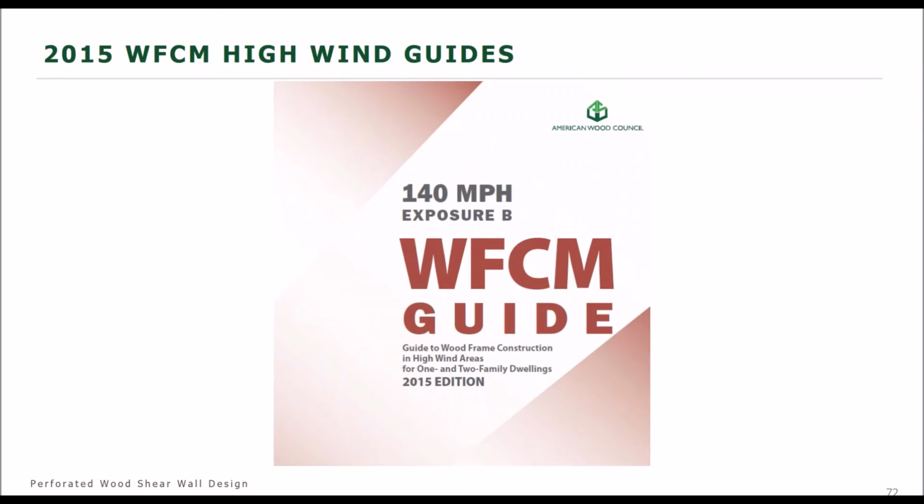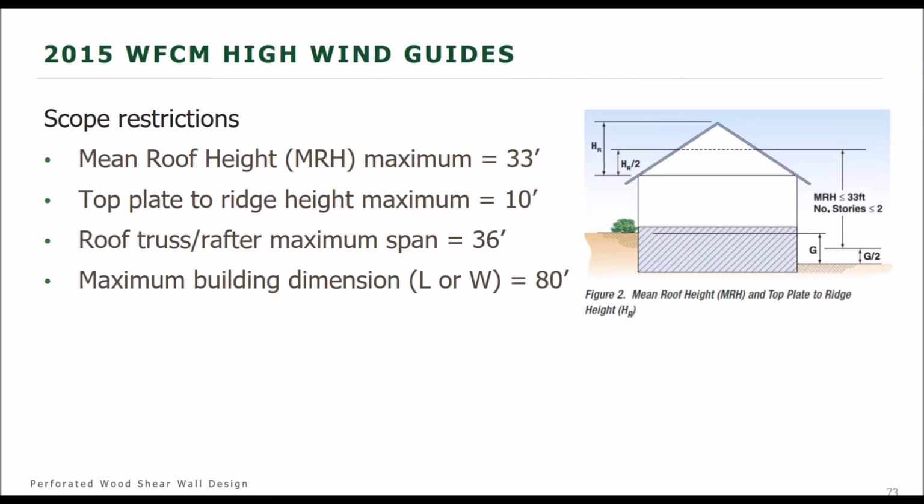In most cases, they're available for exposures B and C. And these all actually use the perforated shear wall design approach for the shear wall design, but they also have lots of provisions for designing other elements in the building. So you can actually design the entire building from your sill plate all the way up to the ridge beam using the high wind guides.